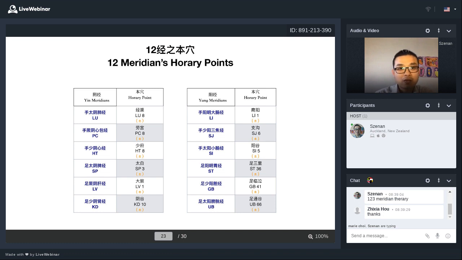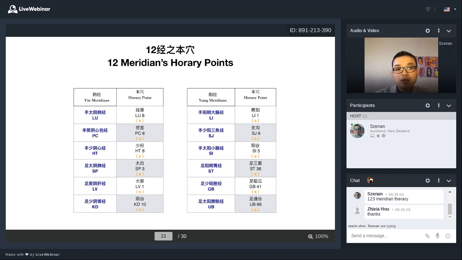All right, so we're going to talk about 12 magical points. Now, the 12 magical points that you can use, if you don't know about pulse, this is the 12 magical points that I suggest you to use. Treat all meridians and using Haraki points.